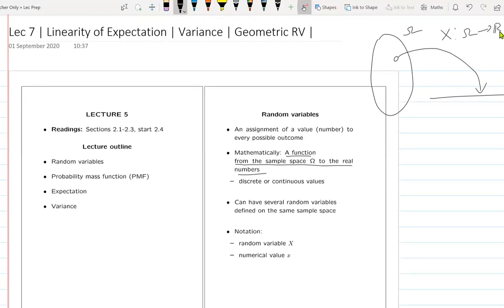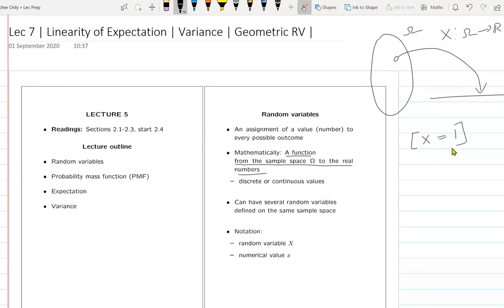Once you have defined a random variable, there are a lot of interesting events that we can define. We can define the event which is random variable equal to, let's say, 1. What is this?